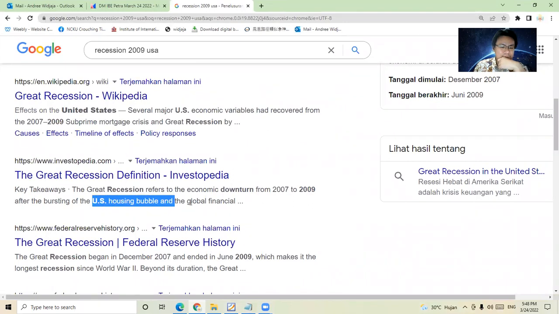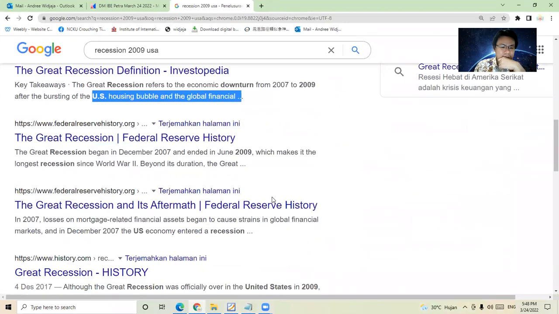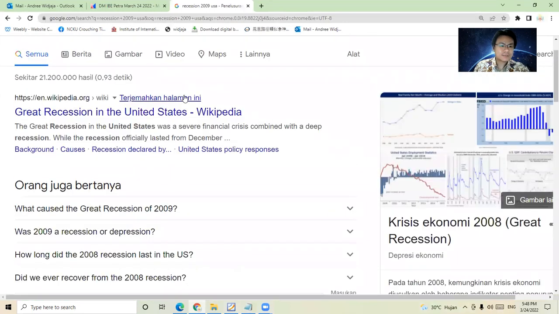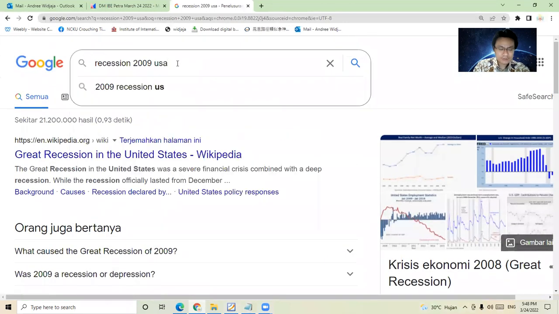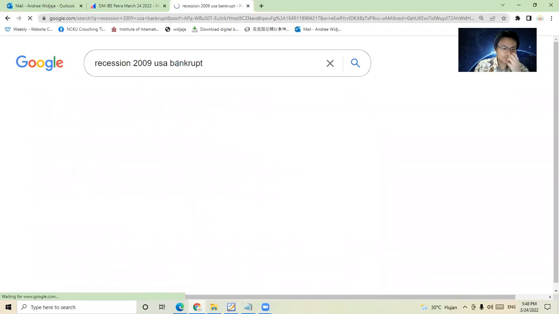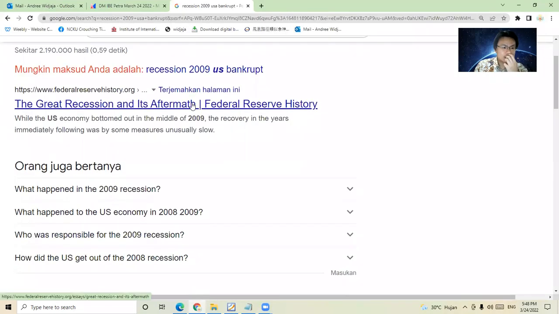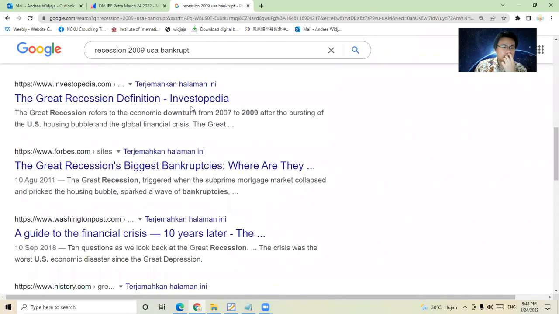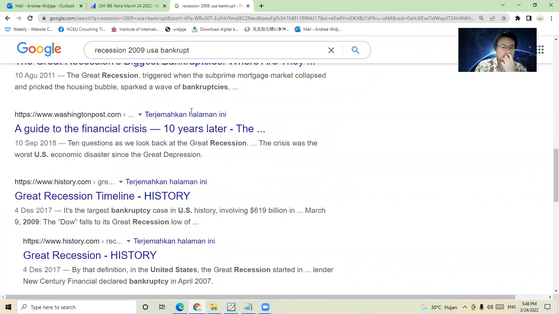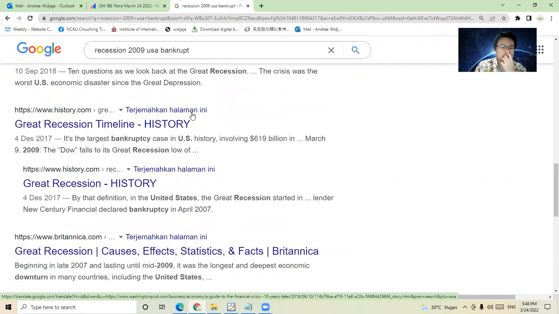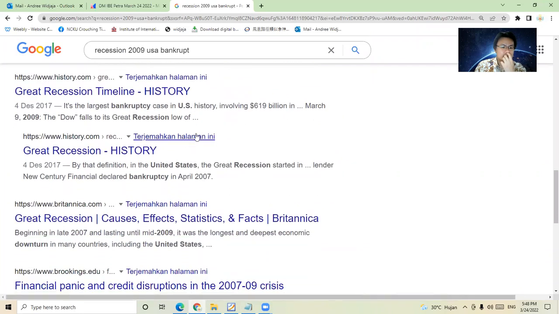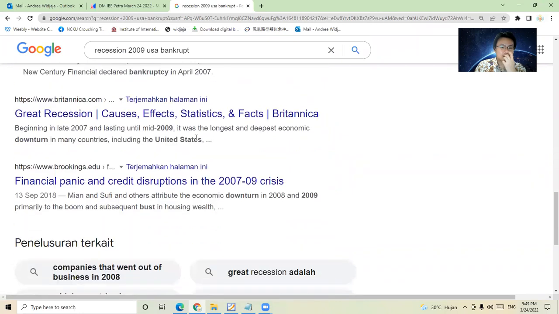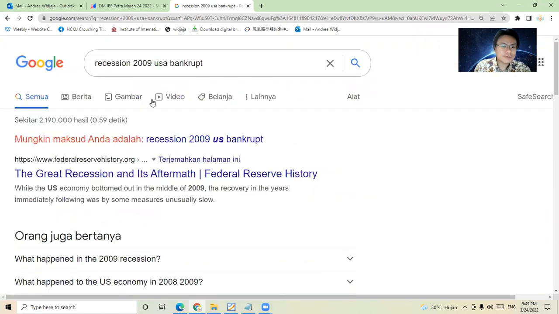U.S. housing bubble, global financial crisis. What's the name of the company? Anyone remember the name of the company that was going bankrupt in 2009?